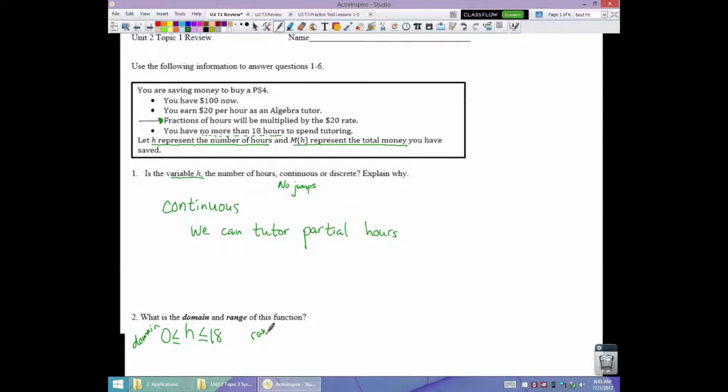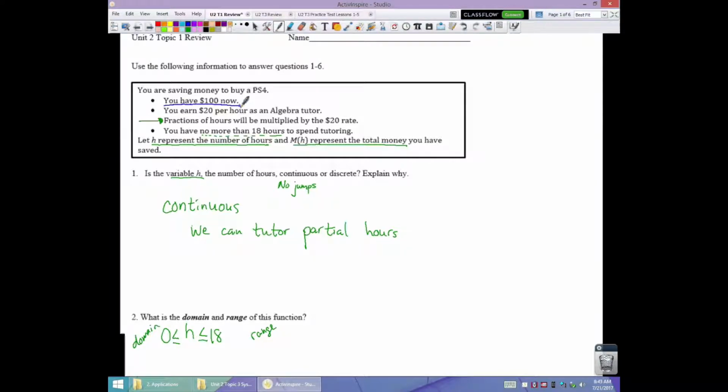Your range would then be the least amount of money you could have and the greatest. So the least amount would be if I tutored for 0 hours. Now, that's not $0 though, because remember, you already have $100 now.